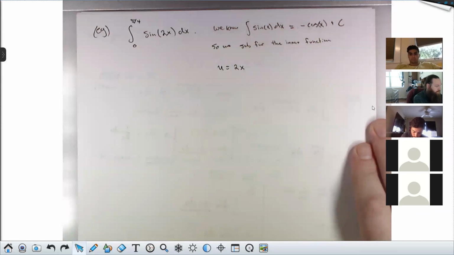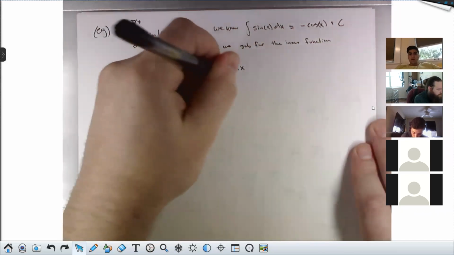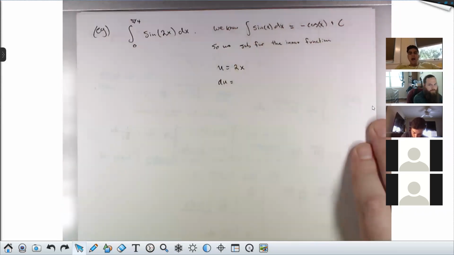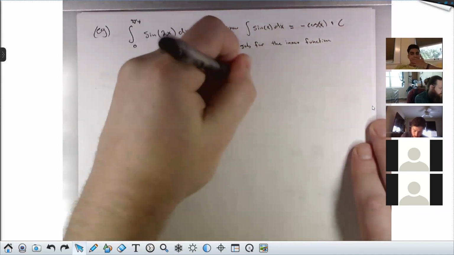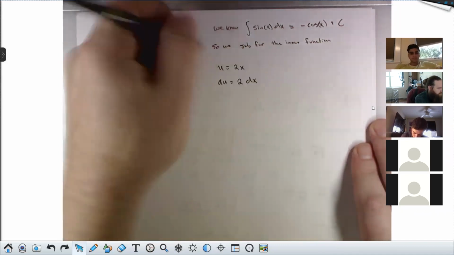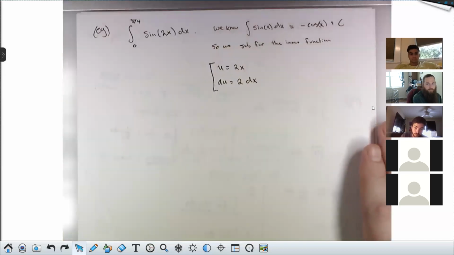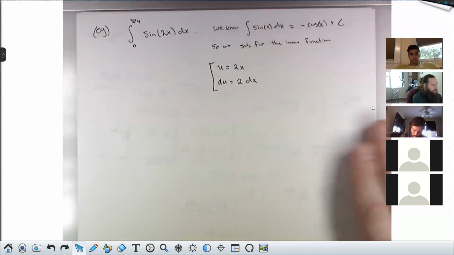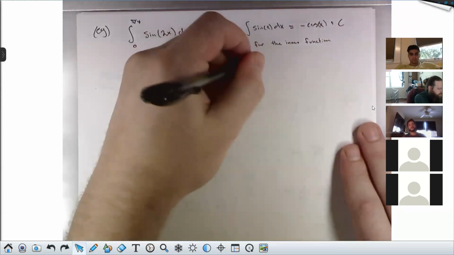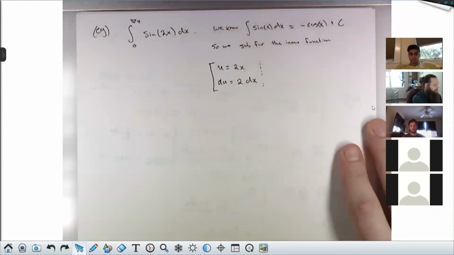And my differential, du, I find that by taking the derivative of 2x. The derivative of 2x is just 2. So that's 2 dx. I'm going to open my little box here, but I'm not going to close it because I'm going to put something else in this little box. And I usually put a little dotted line over here.